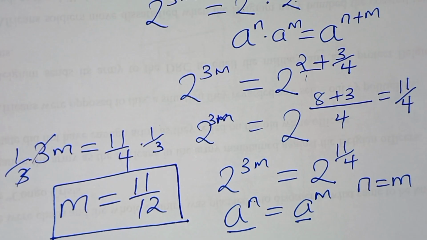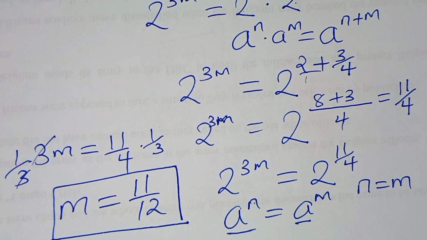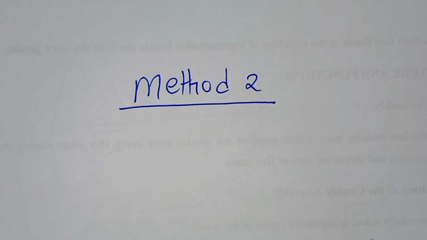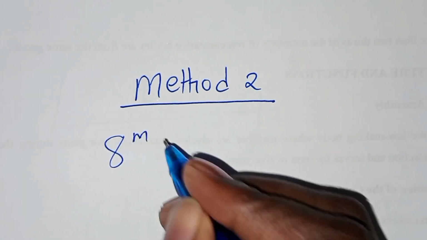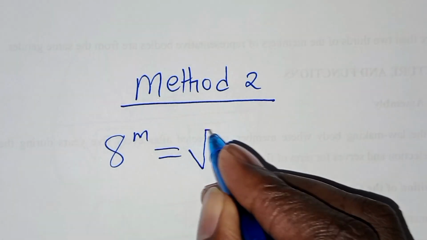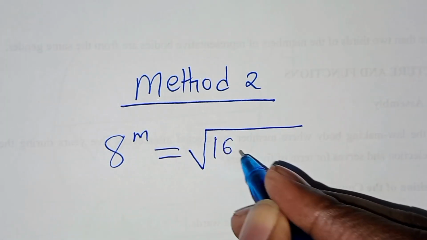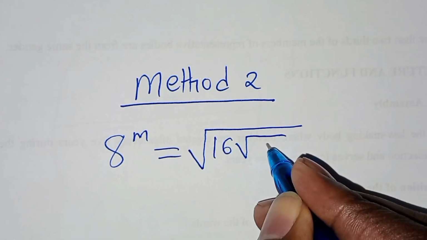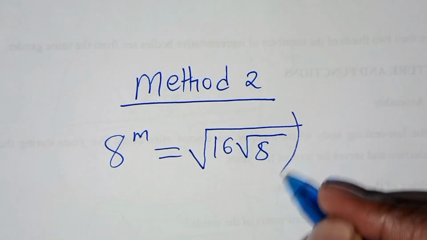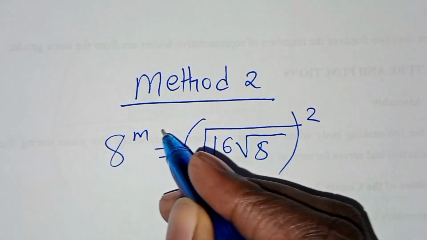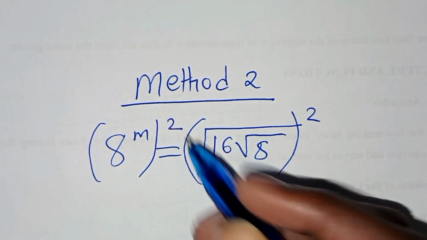So let me take you through method 2 of how to solve this problem. Now, applying method 2 here, we'll have that 8 to the power m is equal to the square root of 16 multiplied by square root of 8. So this method 2 is just we square both sides. Let's square both sides.